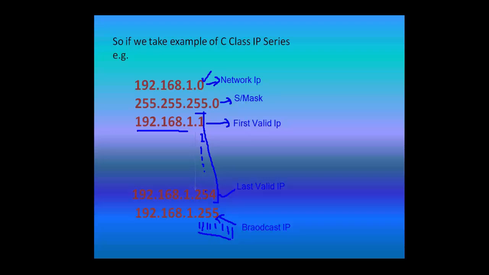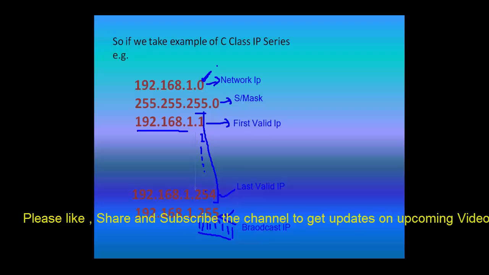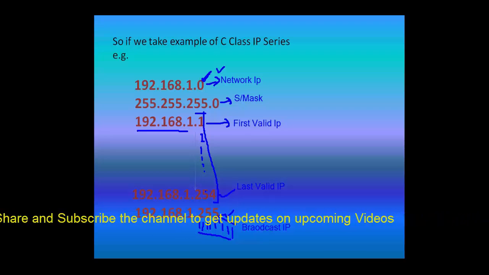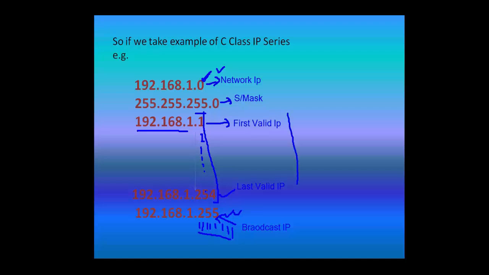We cannot use this IP and we cannot use this IP. We cannot assign these IPs on a machine. Because if we go very deep, this IP is used by the routers to communicate in different networks, and this IP is reserved for broadcasting in a whole network. So this is the valid IP range.